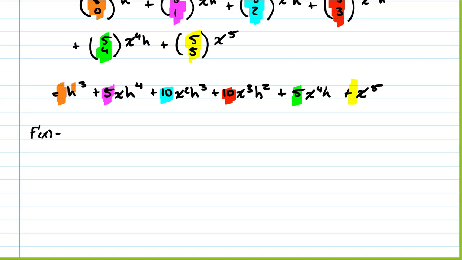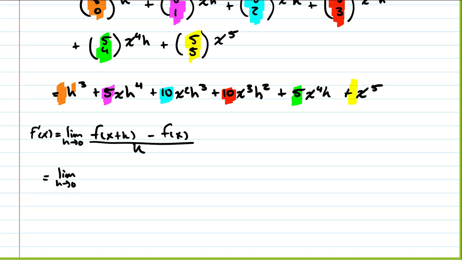So f prime of x is the limit as h goes to 0 of f of x plus h minus f of x all over h, which is the limit as h goes to 0 of our h to the 5th, that should be a 5, that looked a little bit like a 3.